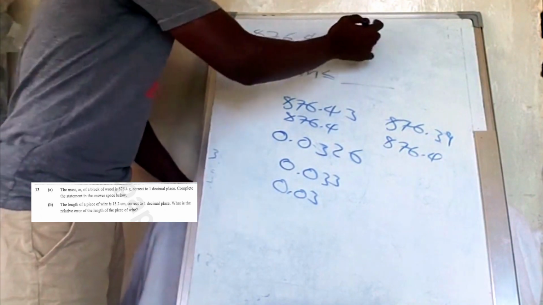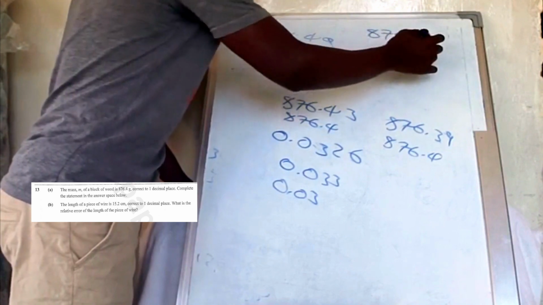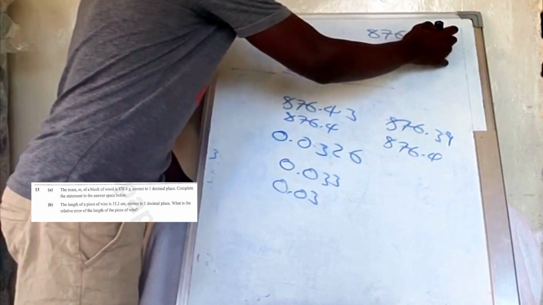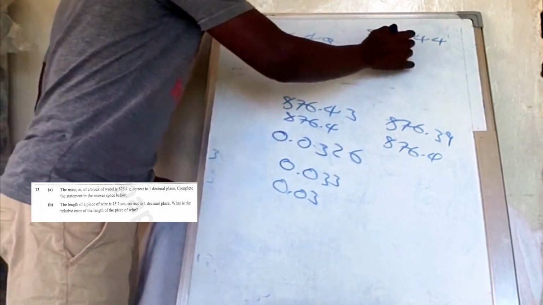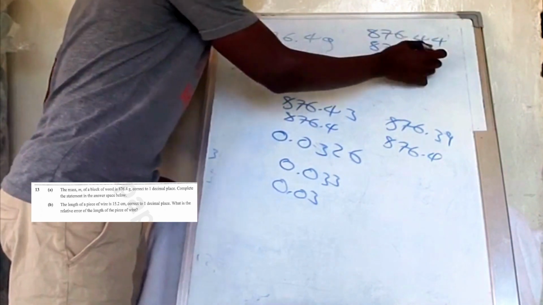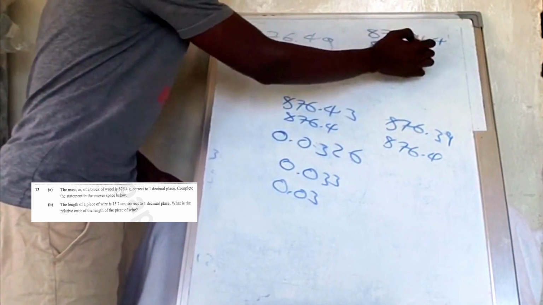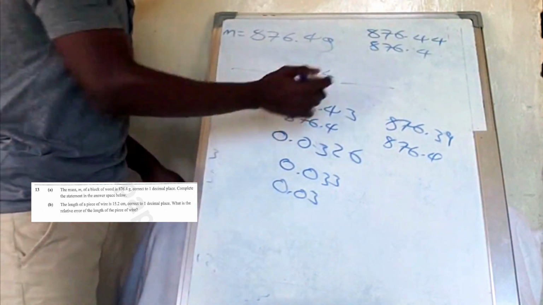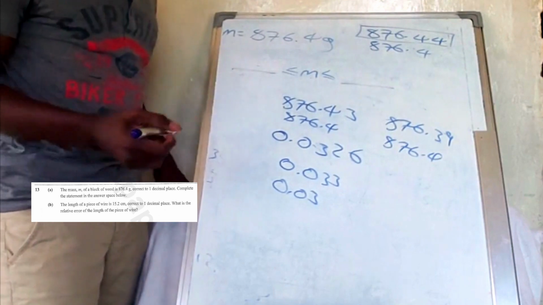So we're going to say this would have been 876.44. If we had 876.45, this would have been rounded off to 876.5. But if we have 876.44, it can be rounded off to 876.4. So this is the highest value that you could have had for this number M.